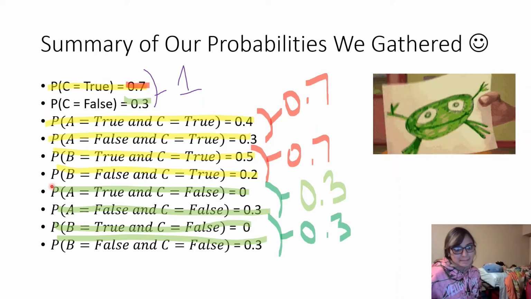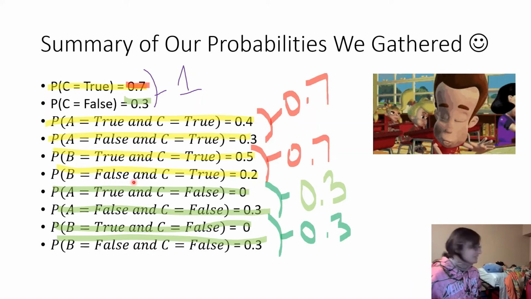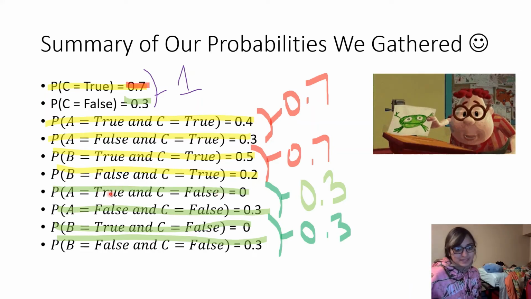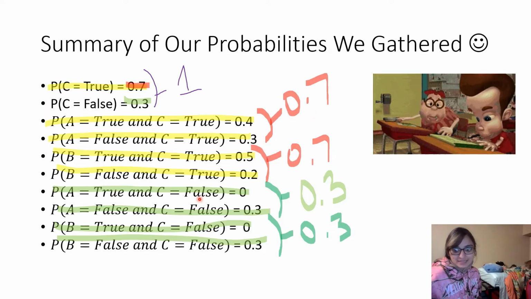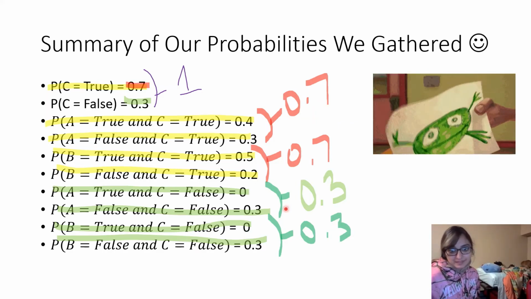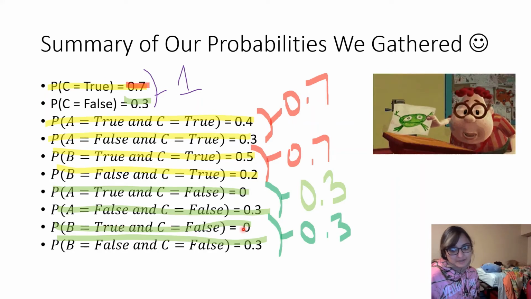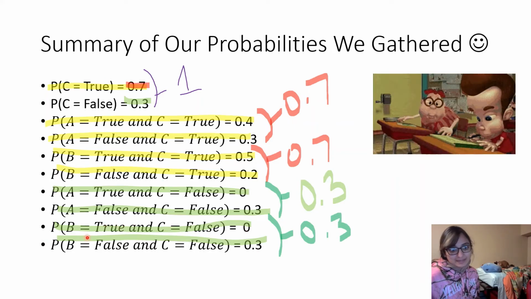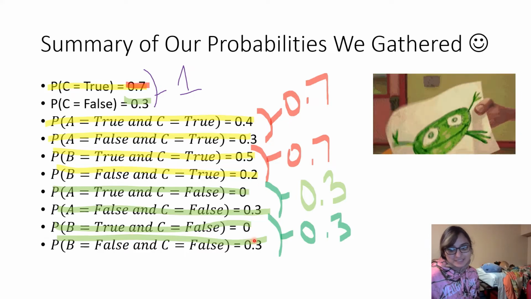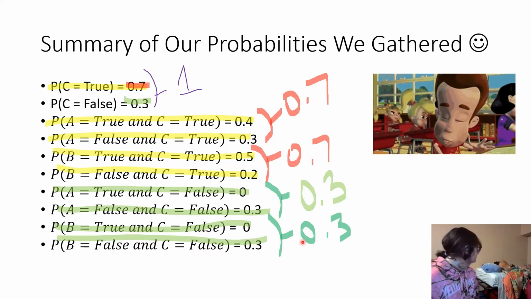And then the probability A is true and C is false is 0. Probability A is false and C is false is 0.3. These add up to 0.3. And then the probability B is true and C is false is 0, and the probability that B is false and C is false is just 0.3. And these add up to 0.3, 30%.